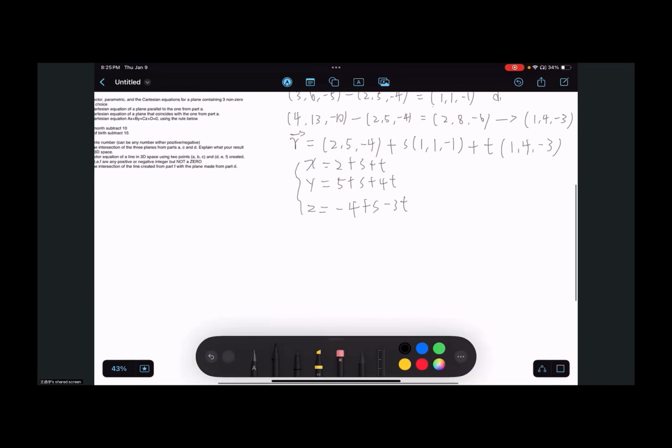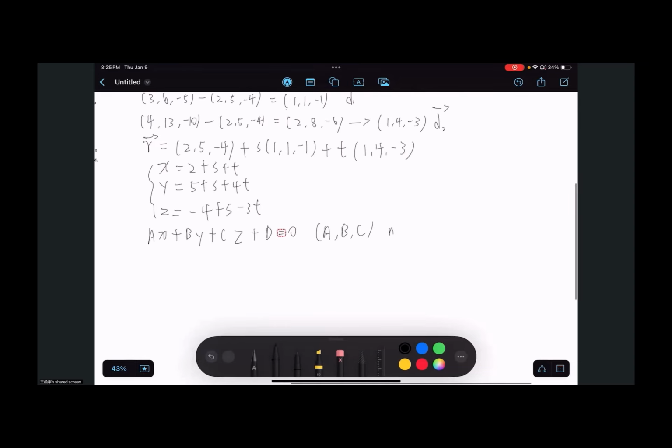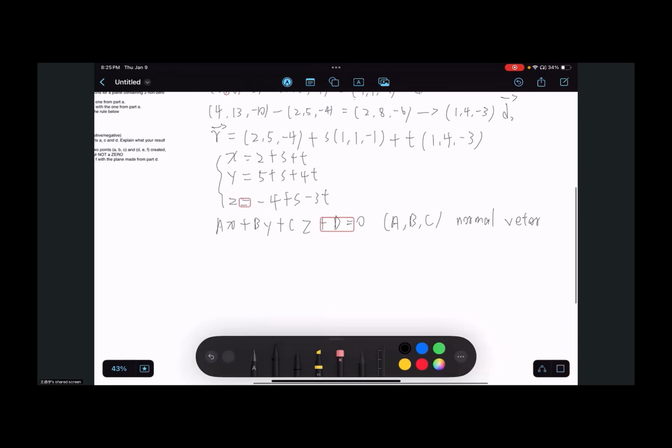For the Cartesian equation, we know that its format is ax plus by plus cz plus d equals 0, and a, b, c is the normal vector for the plane.